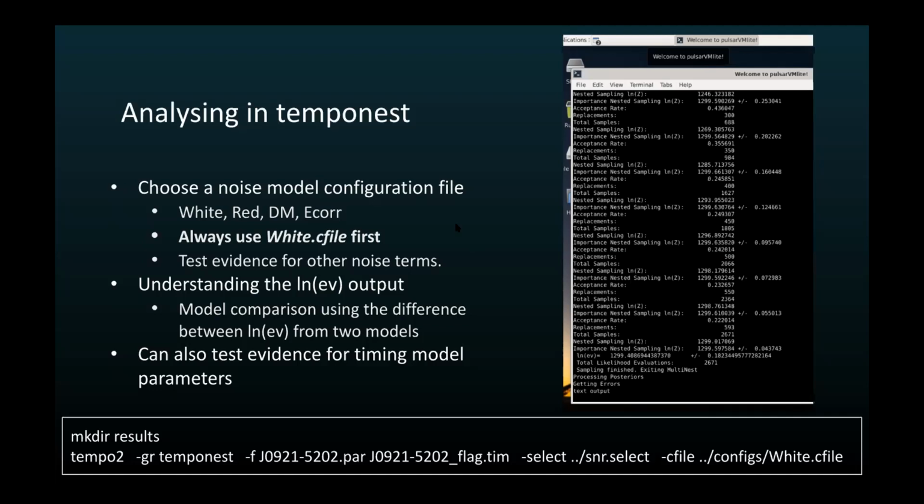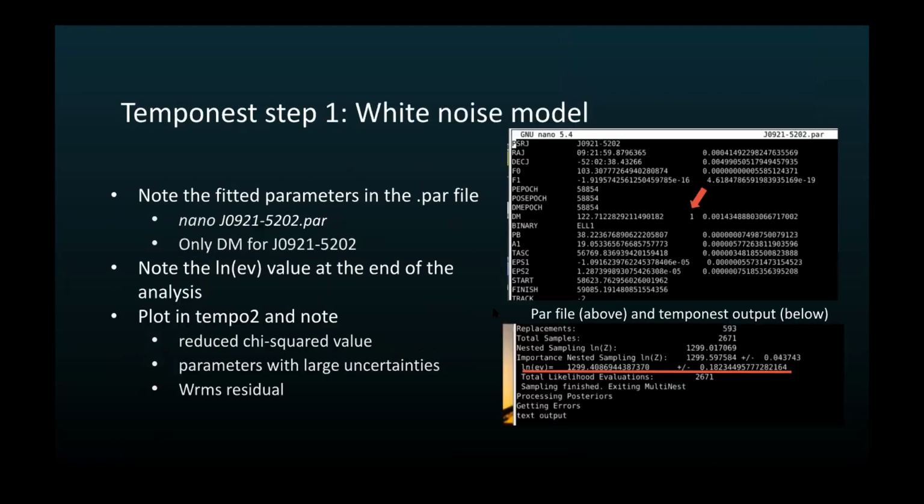And actually in these configuration files, I've increased the number of live points for each of these models as more parameters were added. So that should ensure that you always have enough live points, but you could run into an issue if you didn't. Okay, sure. Thanks.